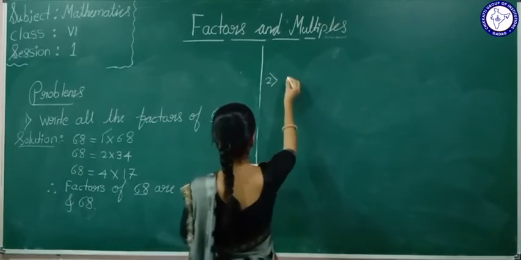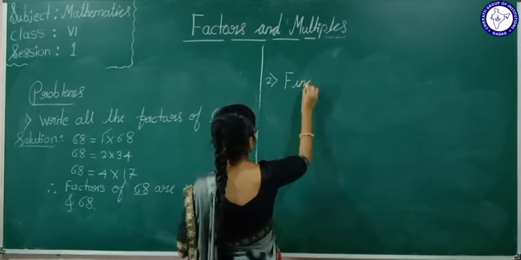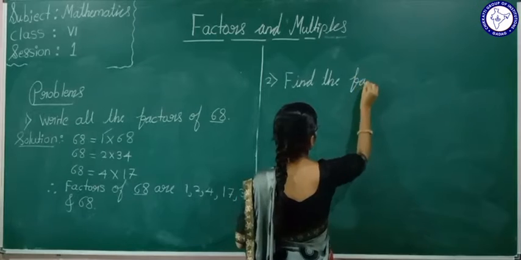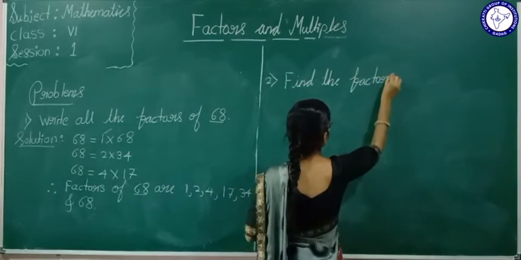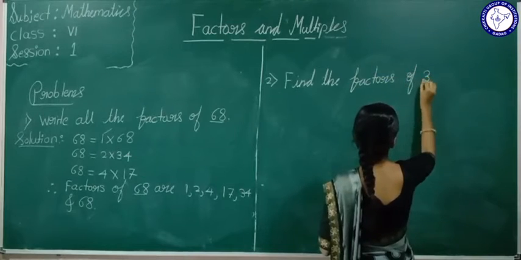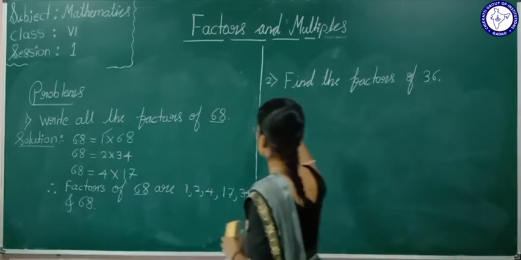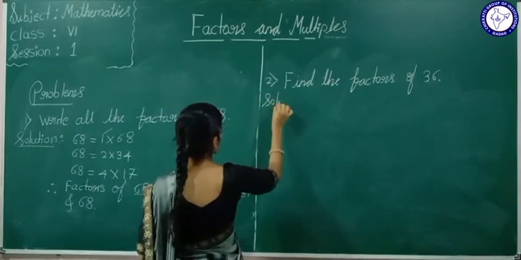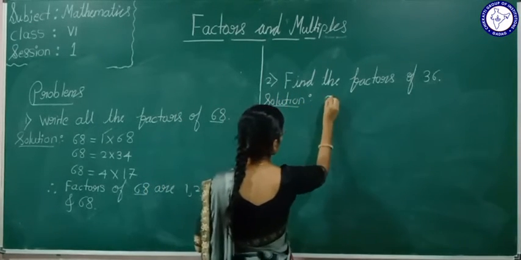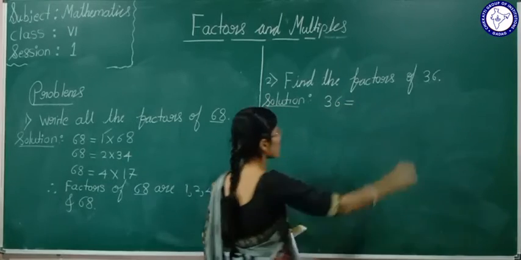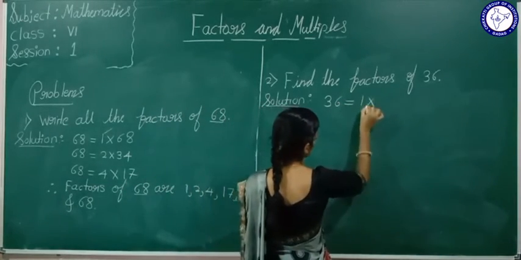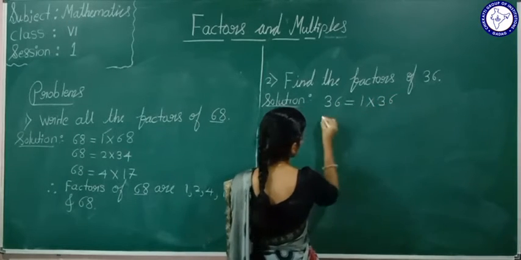Question number 2. Find the factors of 36. See the solution. 36 can be expressed as 1 multiplied by 36.